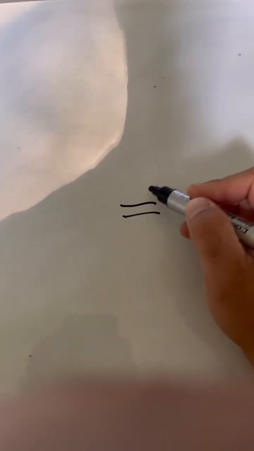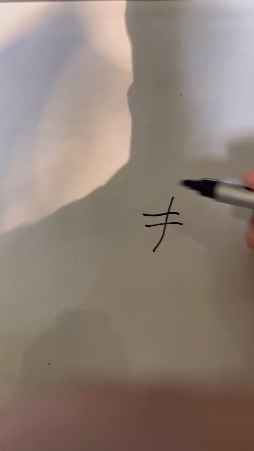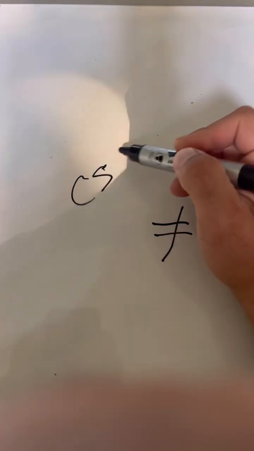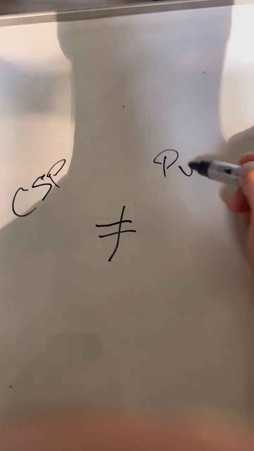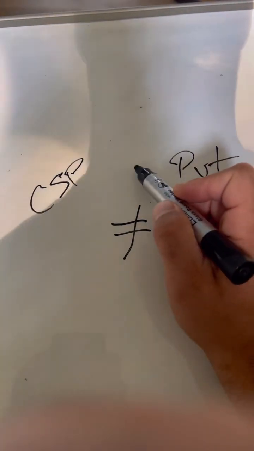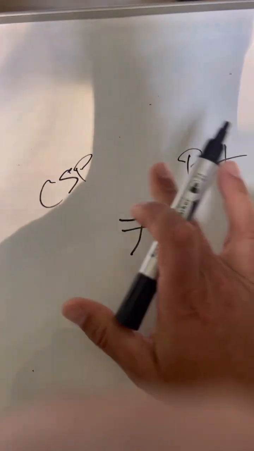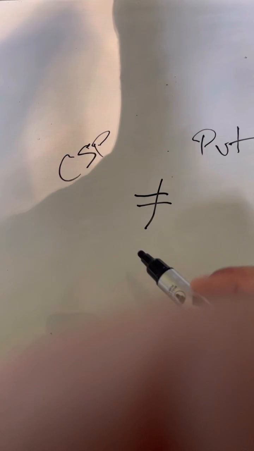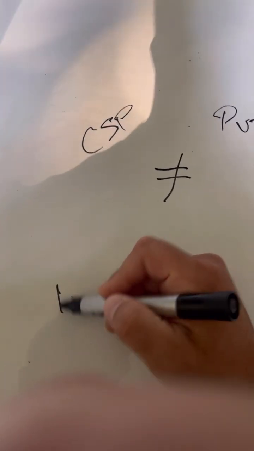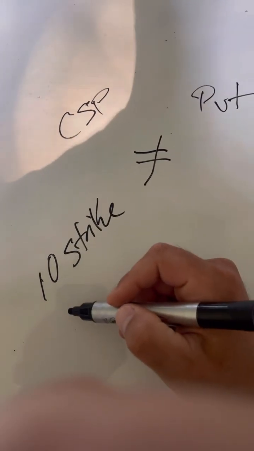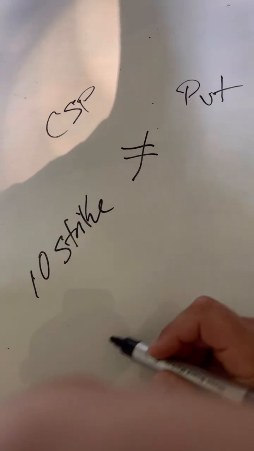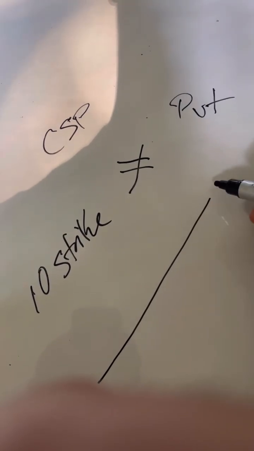You guys are going to have to listen to my dogs, unfortunately. So equal but opposite would be the cash secured put and the put. They are equal but opposite, meaning I took a cash secured put, which I collected premiums on, and the stock is going like this.